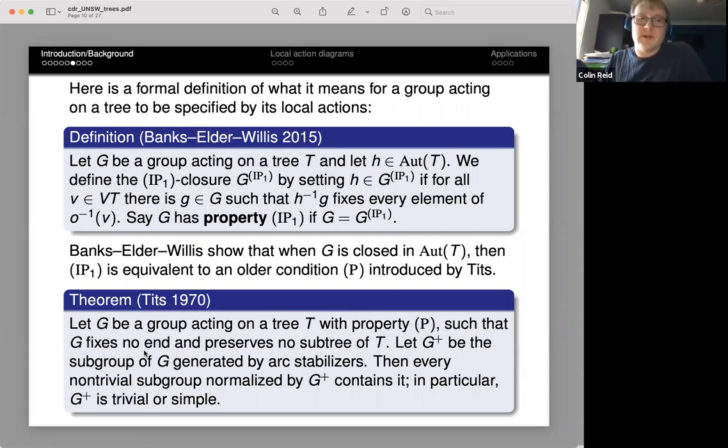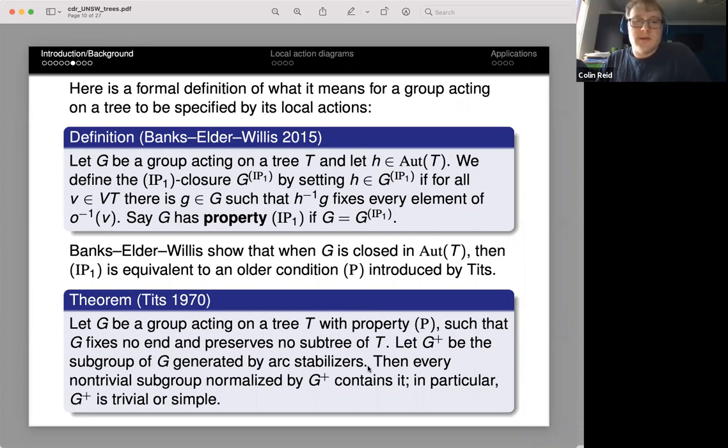So suppose that G doesn't fix any end of the tree, and it also doesn't preserve any subtrees. So there's some geometric density assumption there. And then you take the subgroup G plus, which is generated by the arc stabilizers in G.